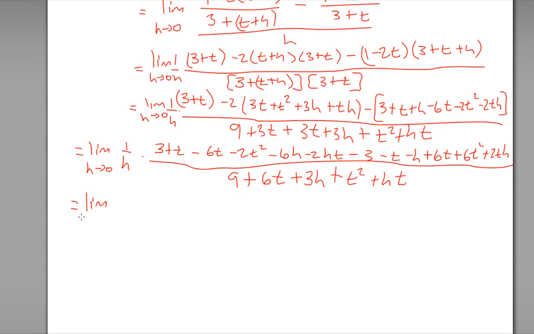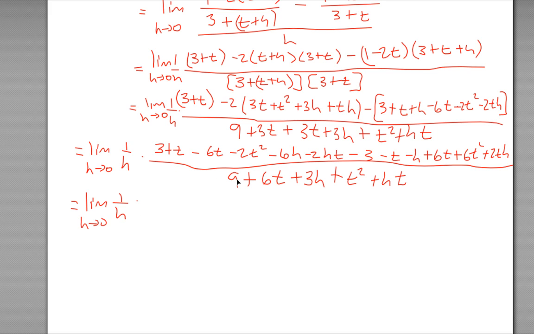Equals the limit as h goes to 0, 1 over h times, so let's see what we can do on the top. Let's just look at our numbers. 3 minus 3, and that's it. So all the numbers cancel out.